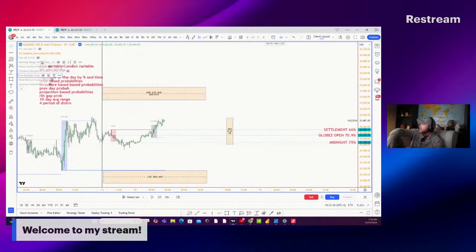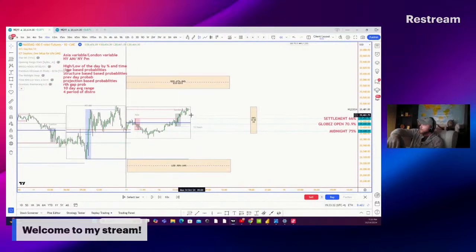Right now, I'm going to put my statistical probabilities on, or my structure-based probabilities. All the indicators that you see here that I'm using are free for you to use, so you don't have to pay anybody for them. From 1800 to 06 is where I derive my structure-based probability, whatever the lowest low and the highest high is, and the midpoint.